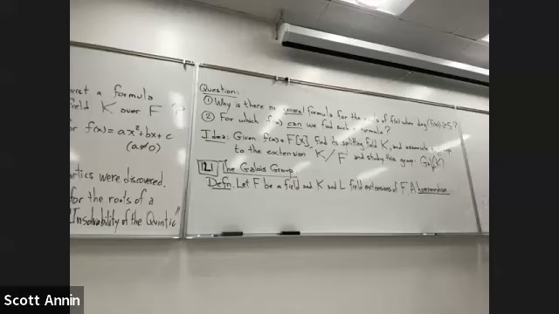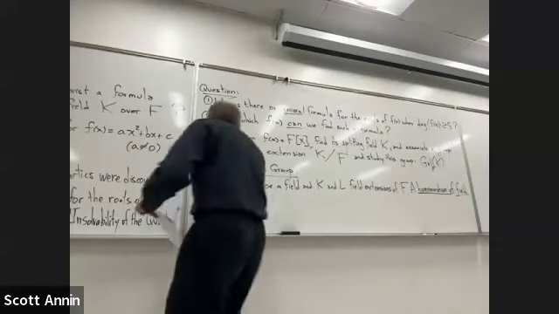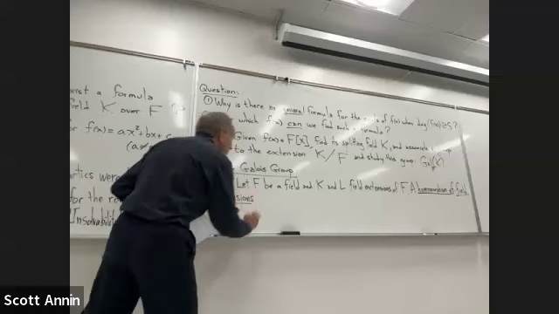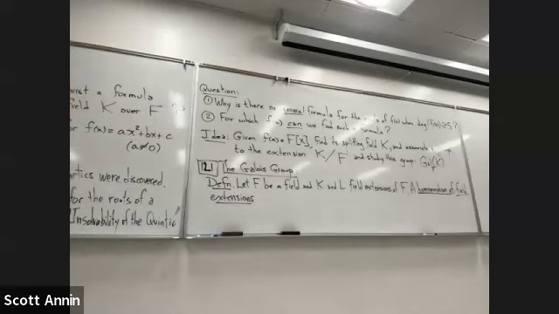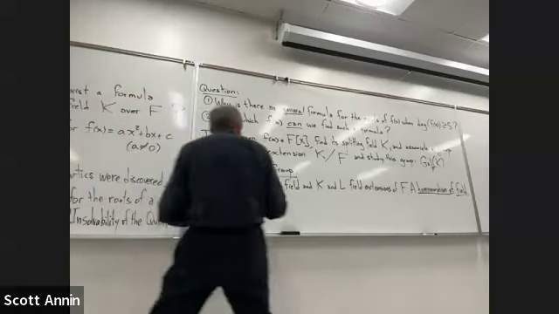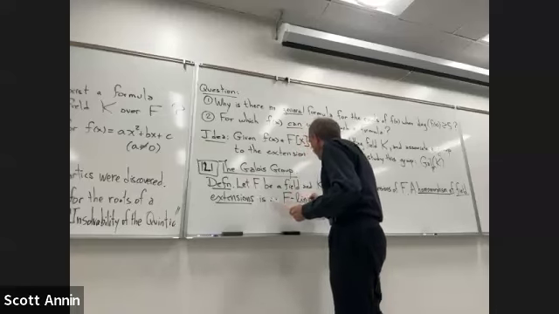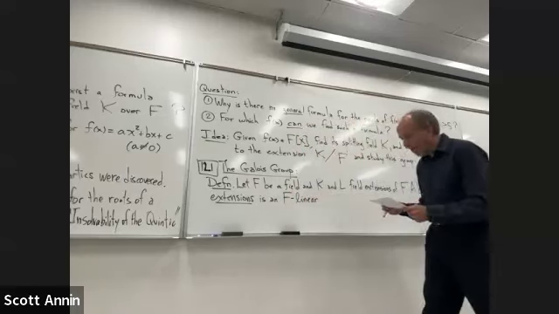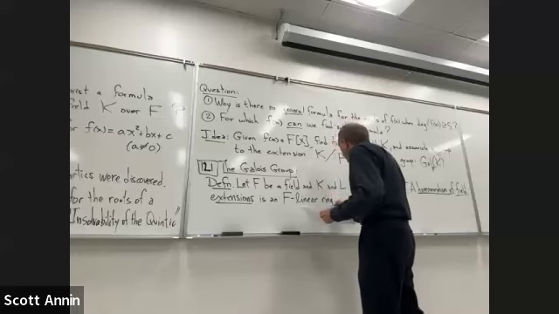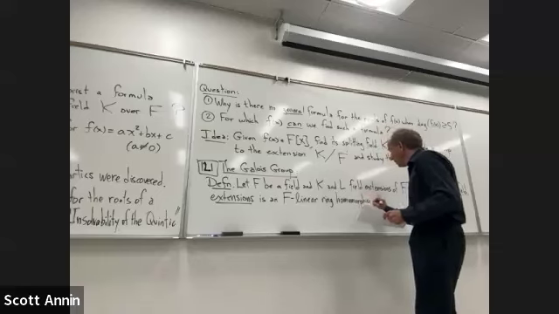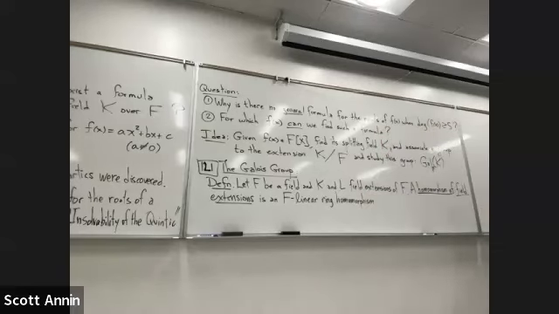I'm going to underline this word here, homomorphism of field extensions. Okay, so this is what we're going to talk about. A homomorphism of field extensions is an F-linear ring homomorphism.